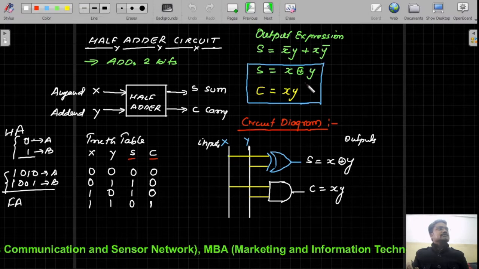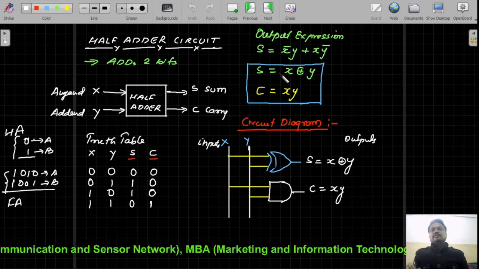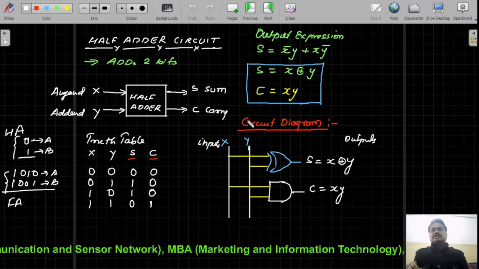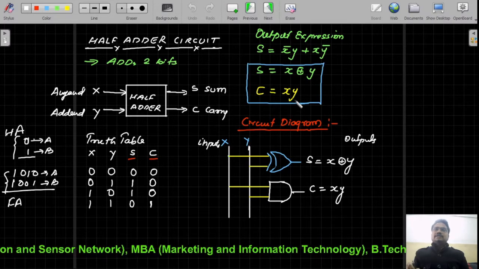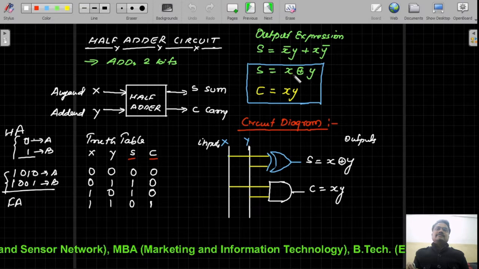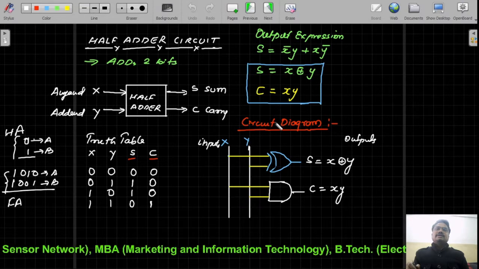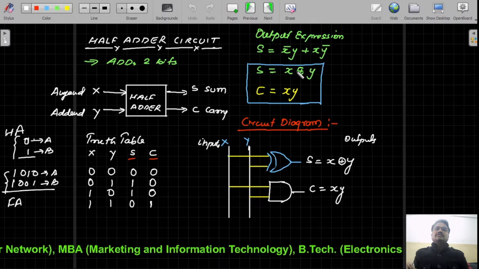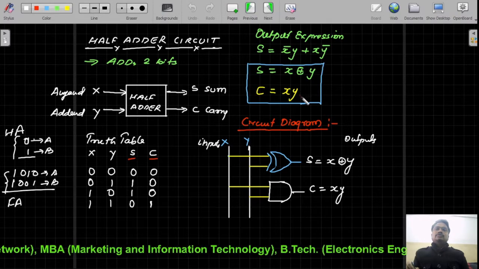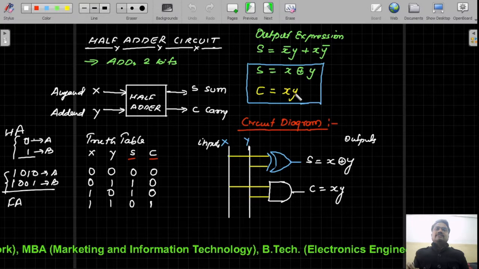And now with these two small Boolean expressions of the half adder circuit, you can implement it using the basic logic gates. As you can see, we have inputs x and y, and the S expression and C expression require only two gates, one XOR gate and one AND gate.